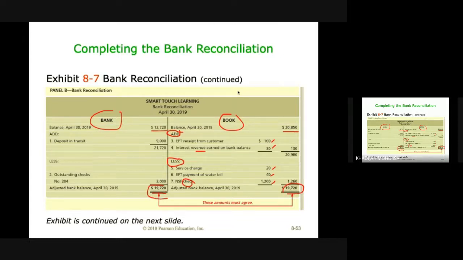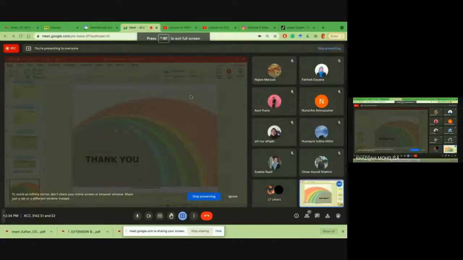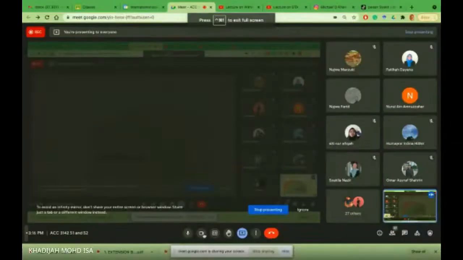Later I will put in the classroom the tutorial for your bank reconciliation. Before you do that tutorial, please prepare yourself for the group exercise on inventories first. Any question on your inventories before your group exercise?